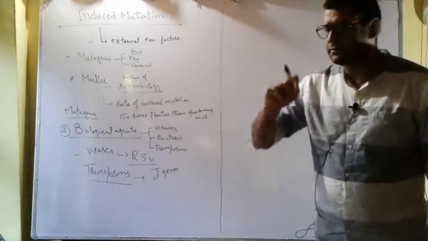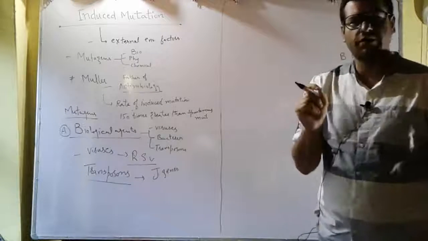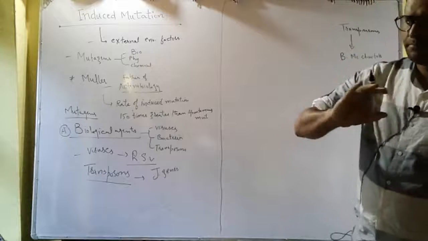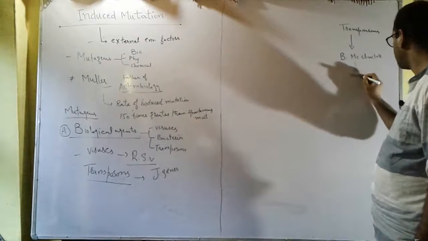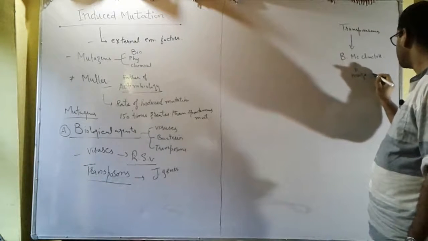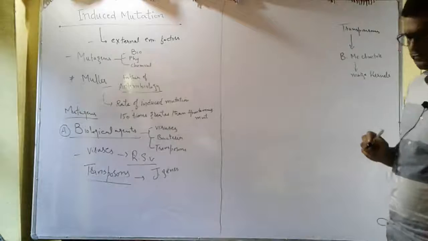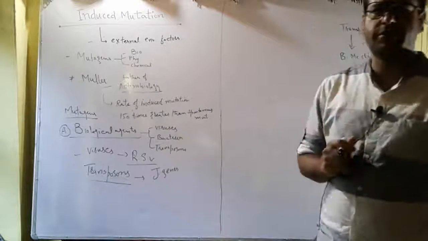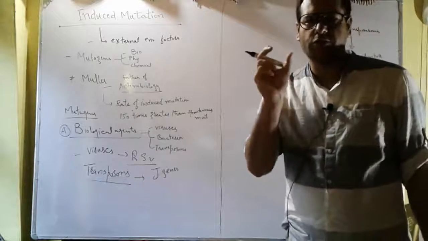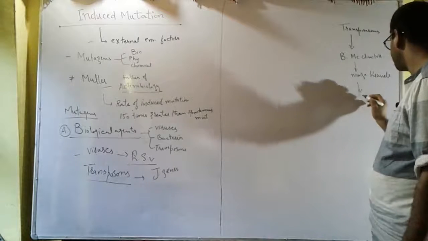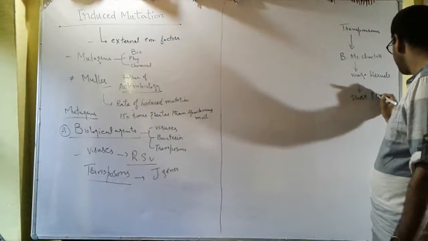She was working on the mosaic pigmentation pattern in maize kernels, and there she found these jumping genes, which are flanked by short inverted repeats.